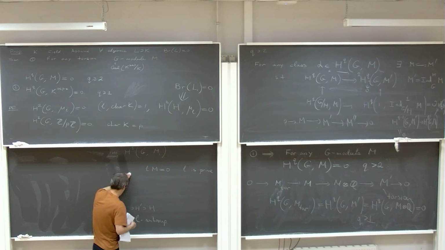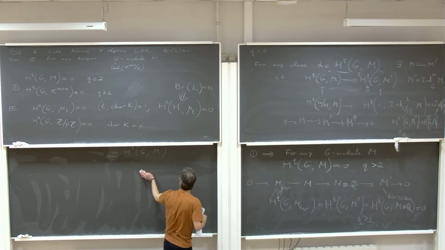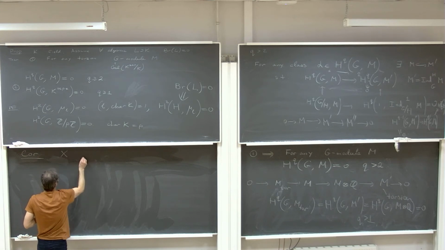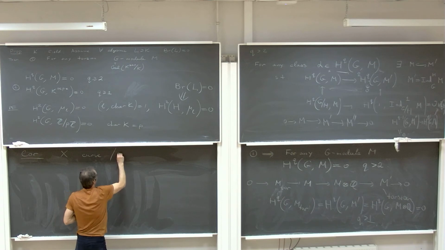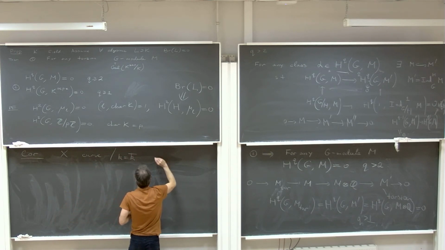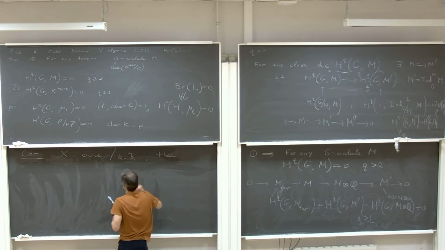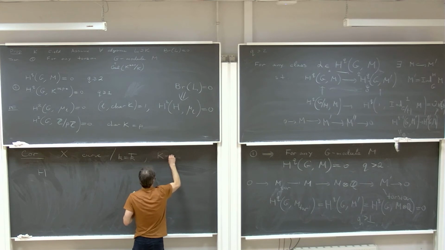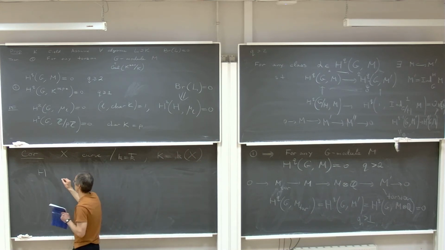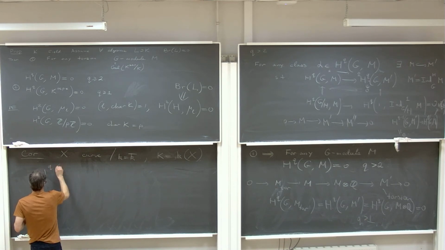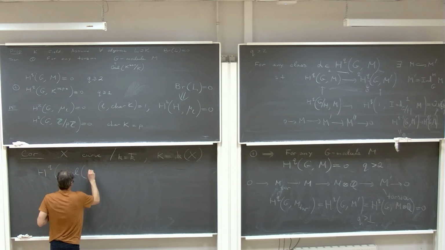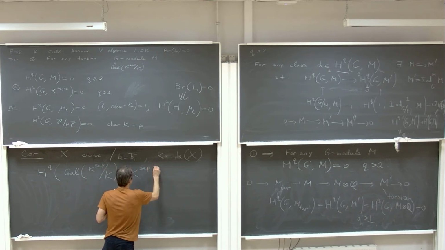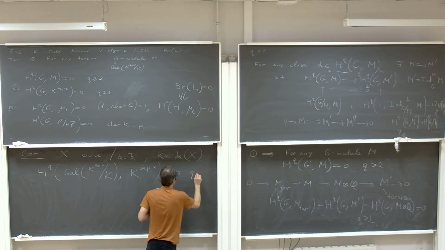So the summary is that the corollary that we need is that if X is a curve over an algebraically closed field, and K is the field of rational functions, then the Galois homology of K sep over K with coefficients in K sep star is equal to 0 for q greater than 0.